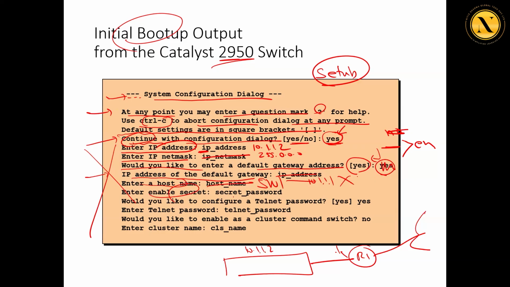And then enable secret, you know this, right? You can type here CCNA, whatever. And would you like to enter the telnet password? Yes or no? So yes, then enter the password. Type whatever, XYZ, CCNA, whatever. You can type that password, right? Forget this cluster. It's not there in our course or exam.